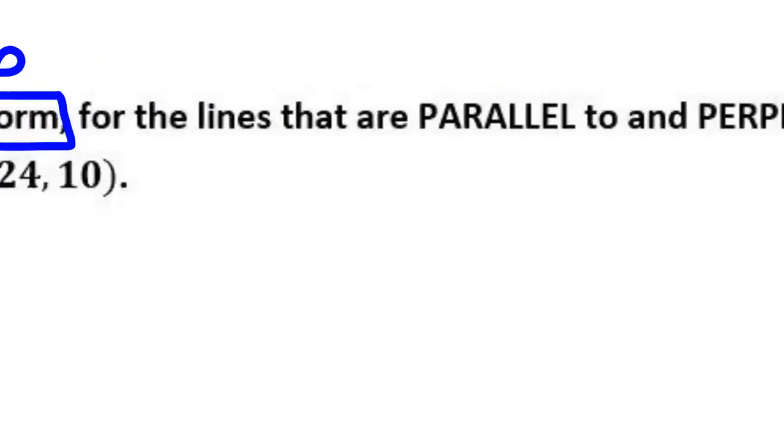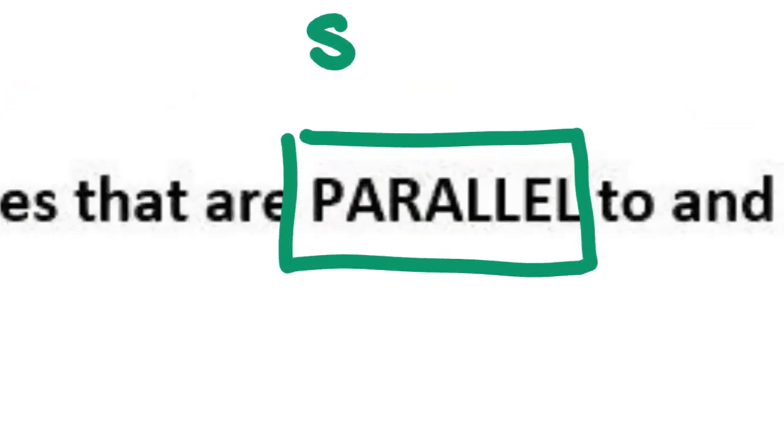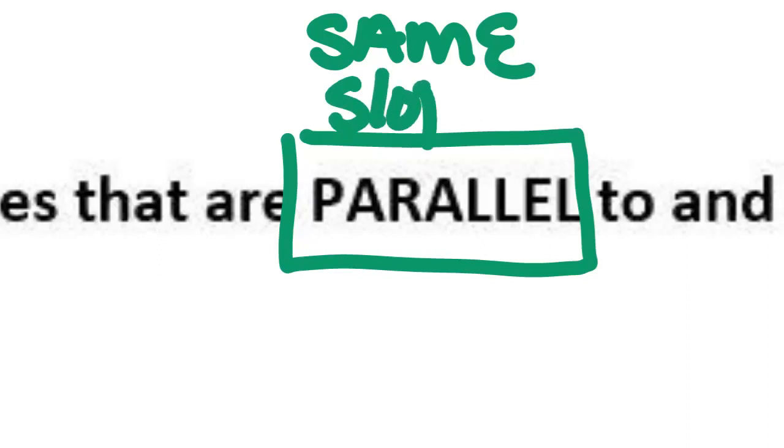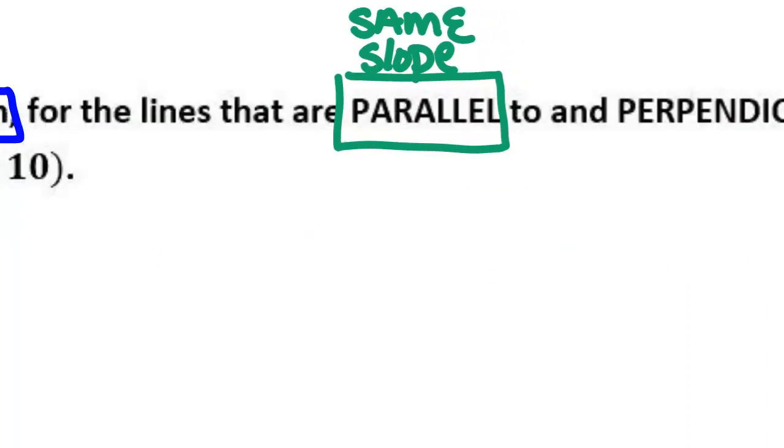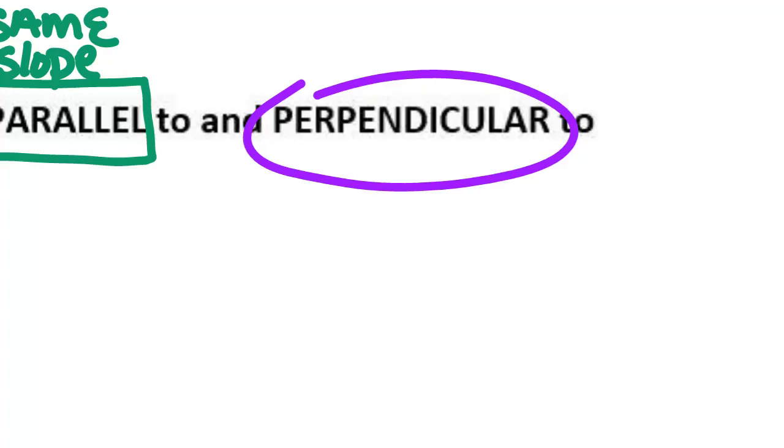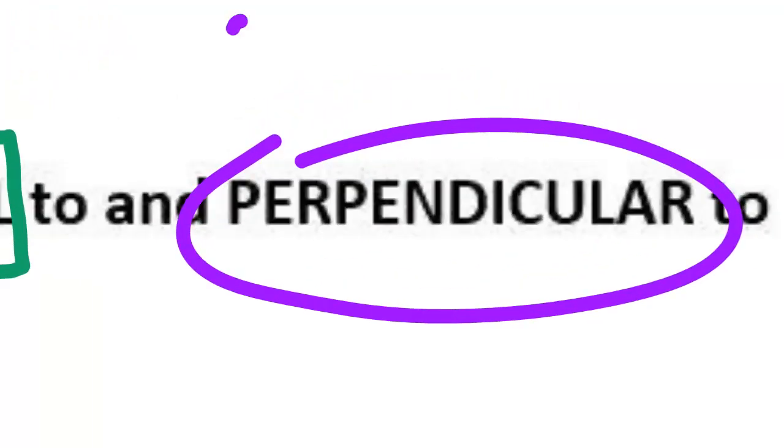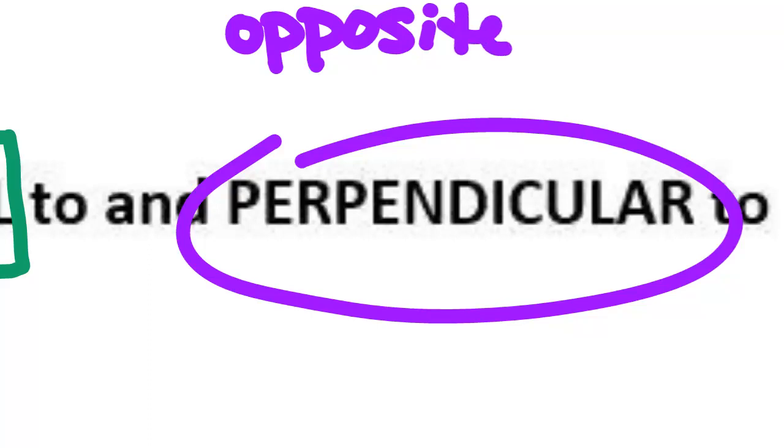One of them is going to be parallel to the line that they gave me, so same slope. The other one is going to be perpendicular to the line that they gave me, so opposite sign and reciprocal slope.